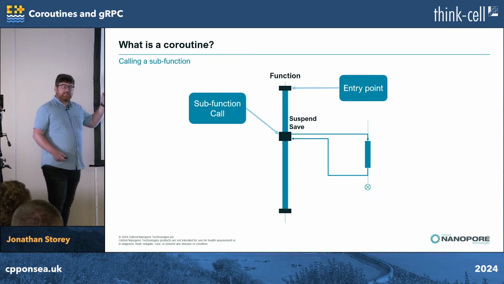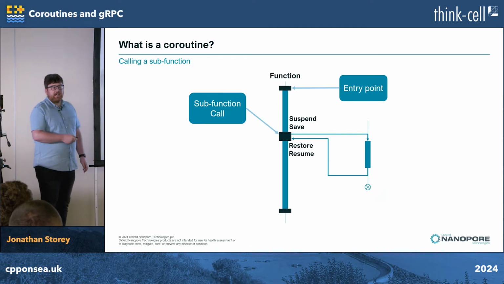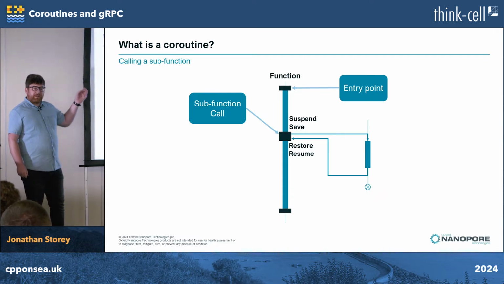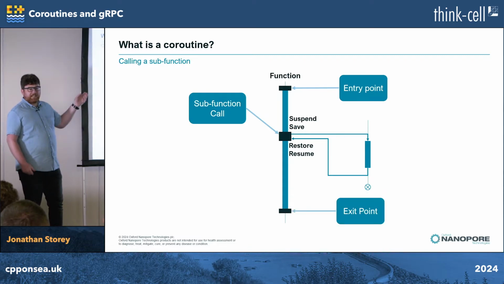So the parent function stops executing to go and execute the subfunction. Then we execute the subfunction. That's done. We come back to the parent function, at which point the parent function's state is restored and the parent function resumes executing. And it keeps executing until it hits the exit point. Straightforward function call, everyone knows this.